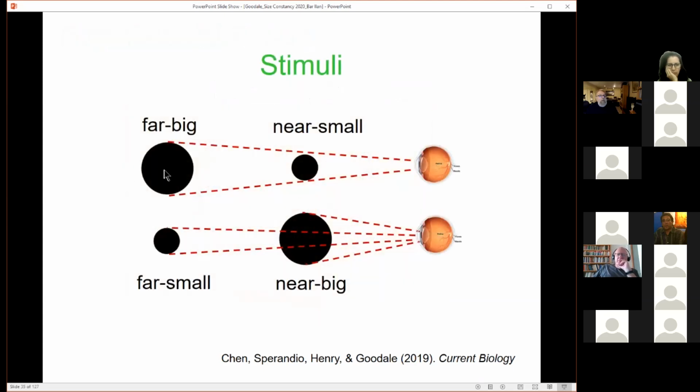And the stimuli we used on the screen were simply black discs, and they could have the same retinal image size by virtue of the fact that you could have a near small one and a far big one whose sizes had been adjusted so that they had exactly the same retinal image size, although they were clearly different in real world size. And you could also have two that have very different retinal image sizes, but have the same real world size, both the small pair and the large pair.